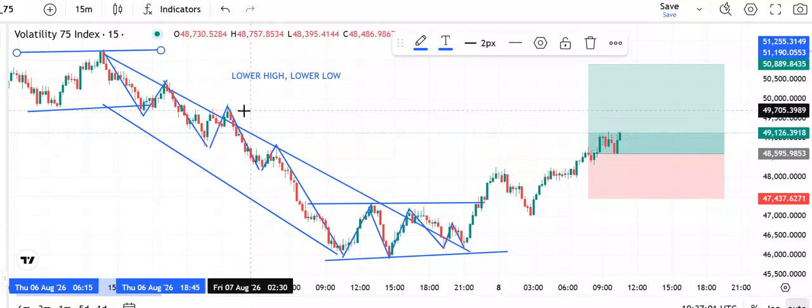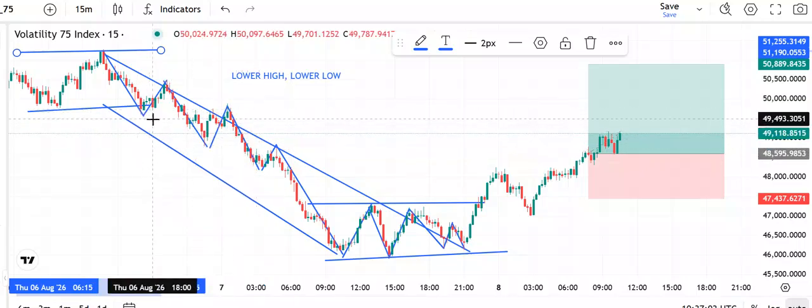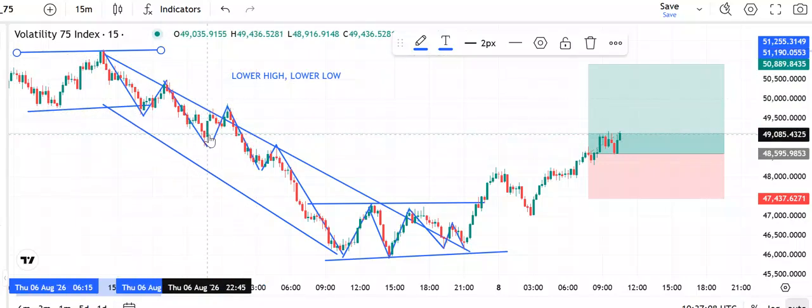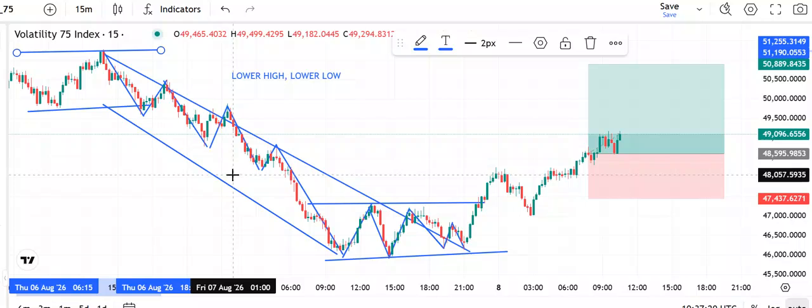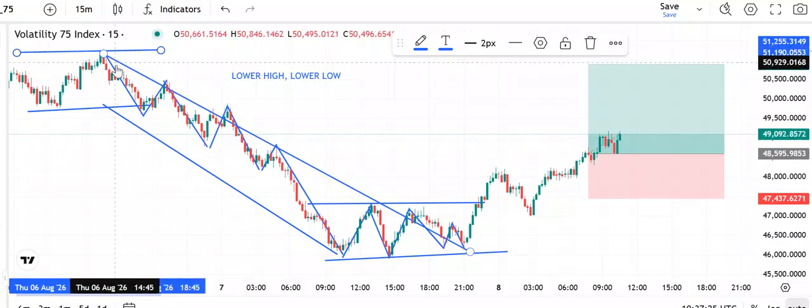Now, if you enter sell at any point here, since you have a breakout, what will be your stop loss? What will be your take profit? You can enter at any point, but your stop loss will be, oh, you have a breakout.